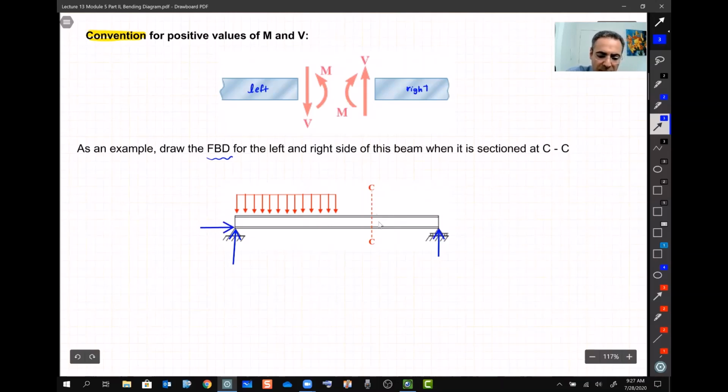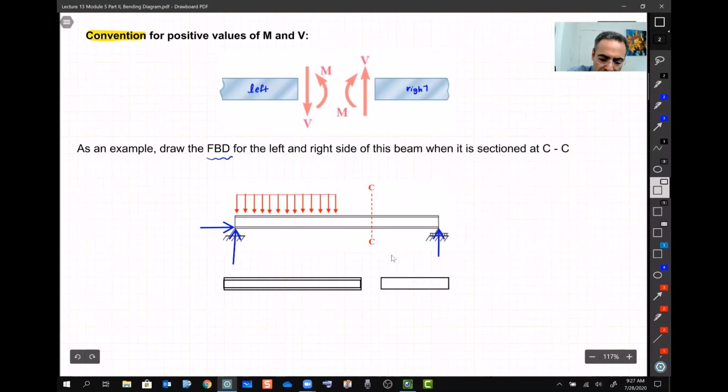Now we section the beam at C. So now I draw the beam as two sections, the section over here on the left and the section over here on the right. Okay, the same beam, the same things.